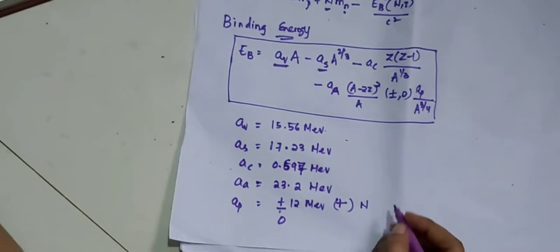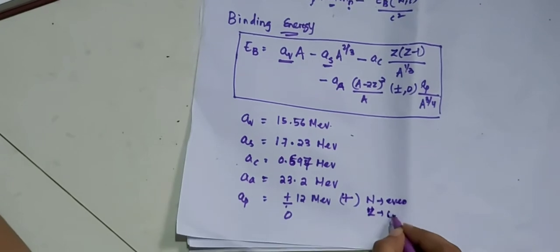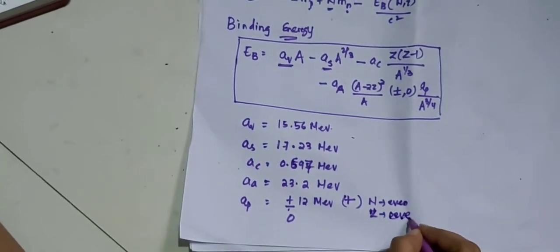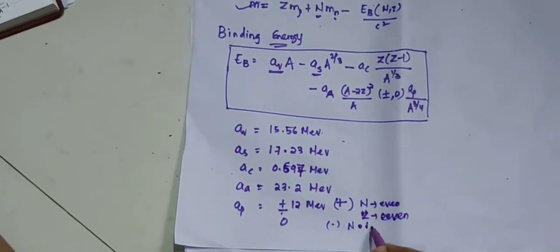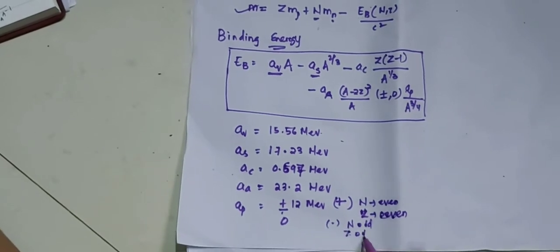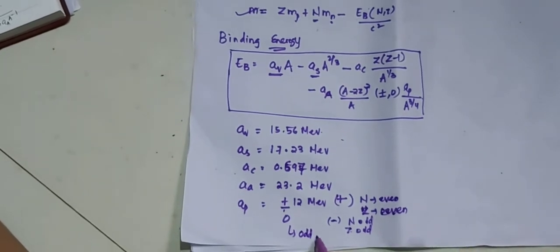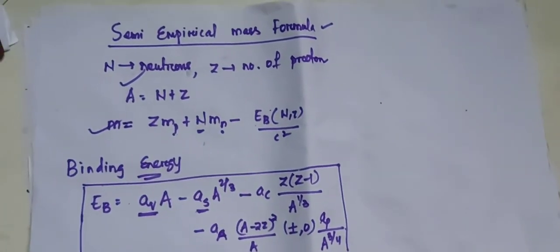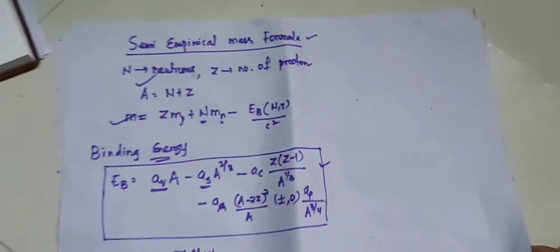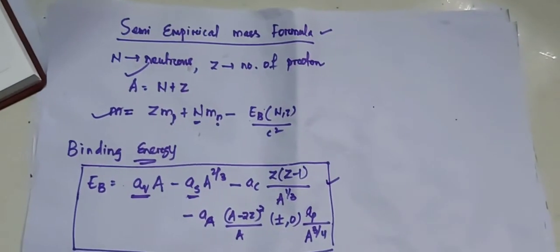It is plus for Z even and N even, and minus for N odd and Z odd. And it is 0 for the odd-even combination. So this is the binding energy, and that is the semi-empirical mass formula.